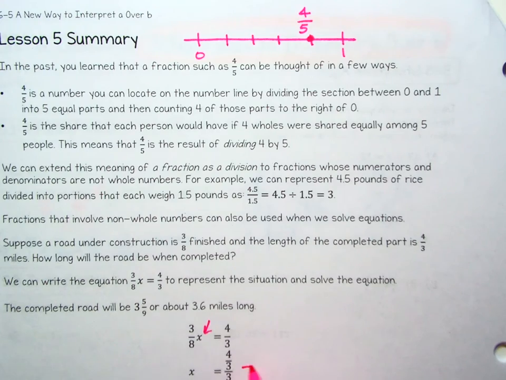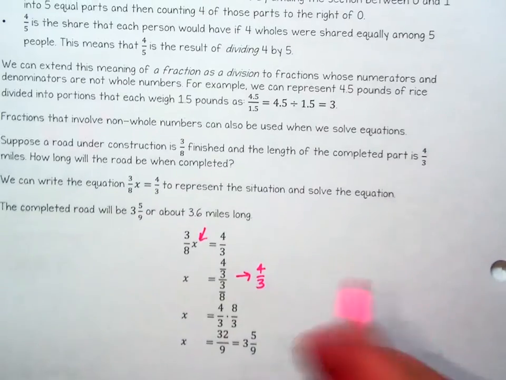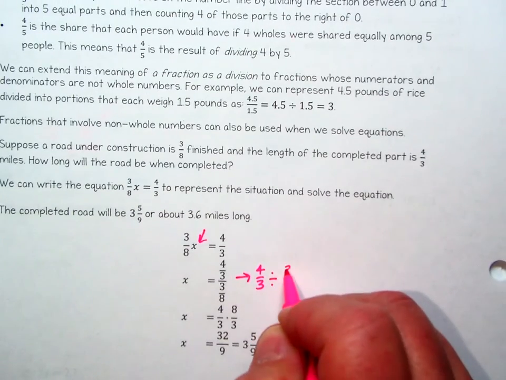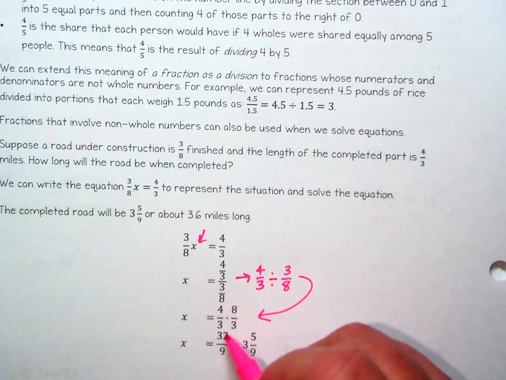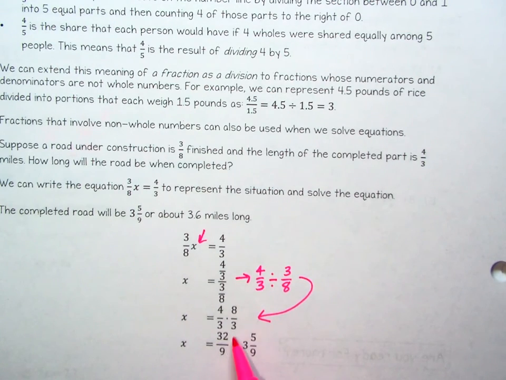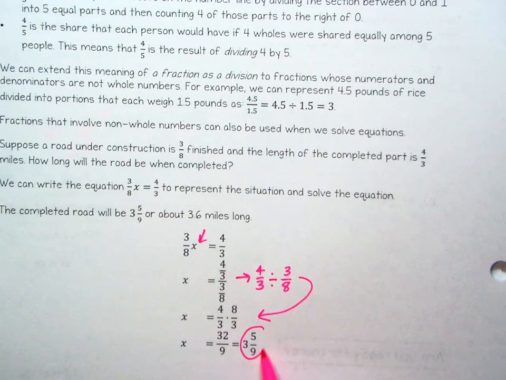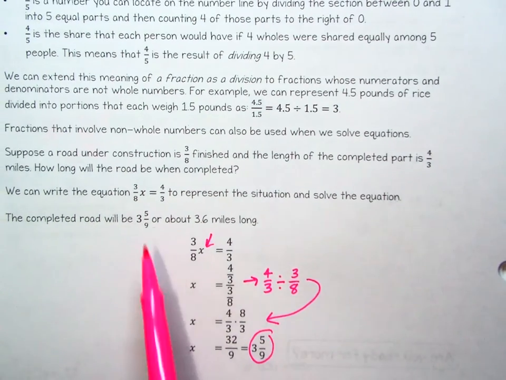Once you do the keep, change, flip, you get 4/3 times 8/3. You multiply straight across. 4 times 8 is 32. 3 times 3 is 9. And 9 goes into 32 3 times. 3 times 9 is 27, so you have a remainder of 5. So your final answer here is 3 5/9 miles.